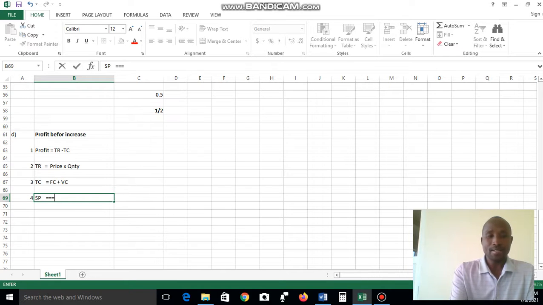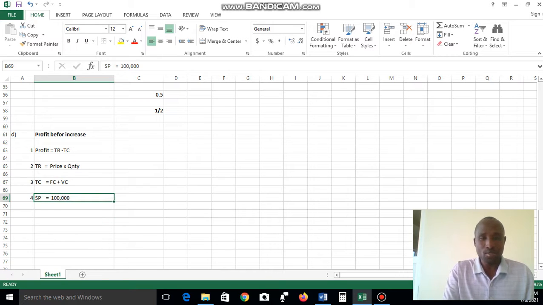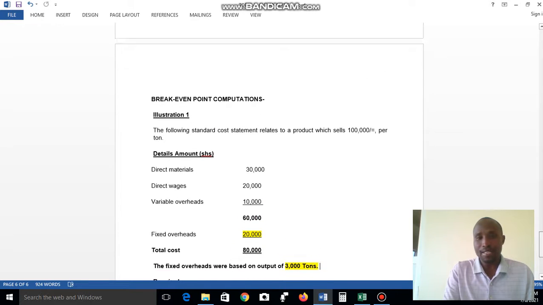Our selling price currently here is 100,000. One may ask, where have I got this 100,000? It is our unit selling price, the selling price per unit or per ton.